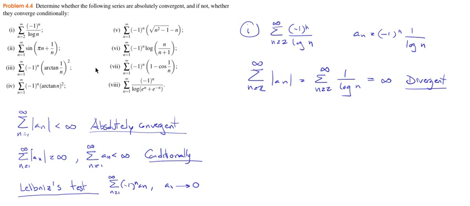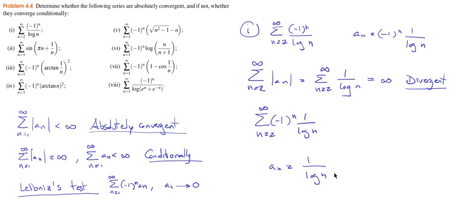Now is it conditionally convergent? Is this series convergent? Well, we can now apply the Leibniz test. Here a sub n is 1 over the logarithm of n, using his terminology. If this goes to 0 and it's monotonically decreasing, which is the case, because the logarithm of n is a monotonically increasing function that goes to infinity.